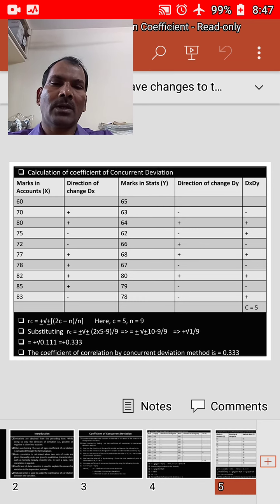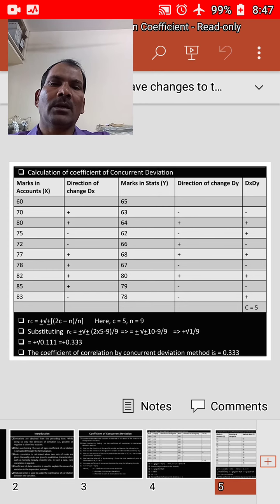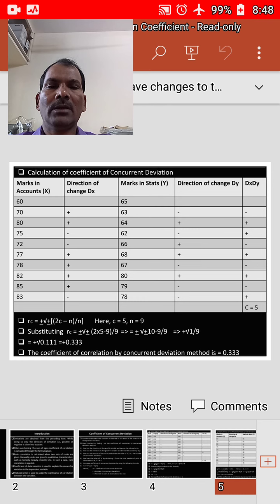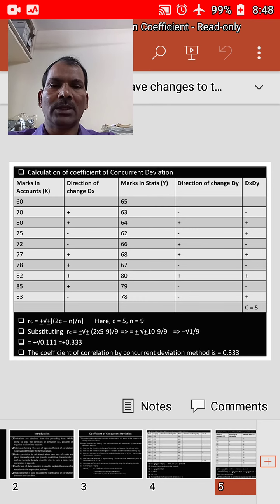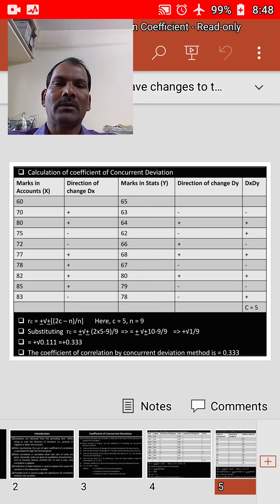For the first year we don't have the preceding year value, so we consider the second. From the first to the second there is a decrease, that is 65 to 63, hence we put minus. 63 to 64 is an increase, plus. 64 to 62 is a decrease, minus. 62 to 66 is an increase, plus. 66 to 68 is an increase, hence we put plus. 68 to 67 is a decrease, hence we put minus. 67 to 80 is an increase, hence we put plus. 80 to 79 we put minus. 79 to 78 is a decrease, we put minus.